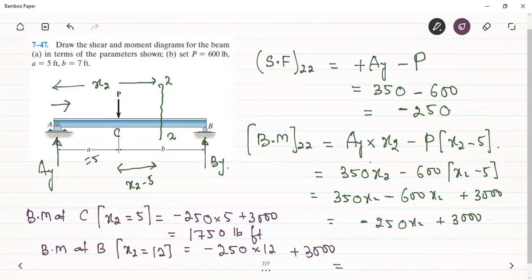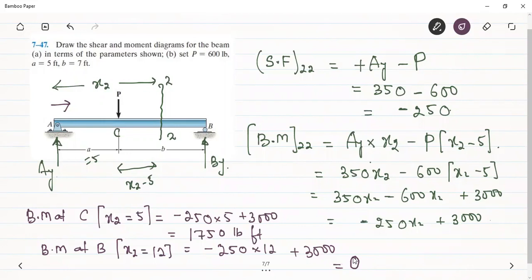It will be equal to how much? 0. So the bending moment at B is equal to 0. At supports the bending moment will be 0. So we have found these shear forces and the bending moments at different sections.